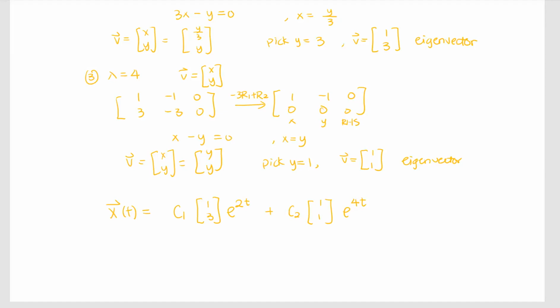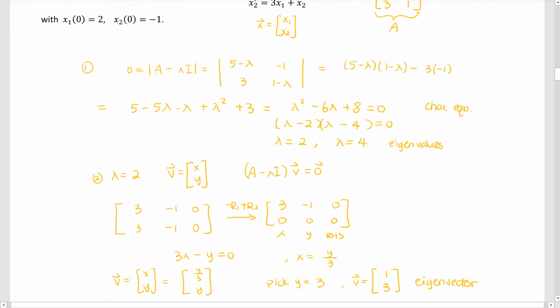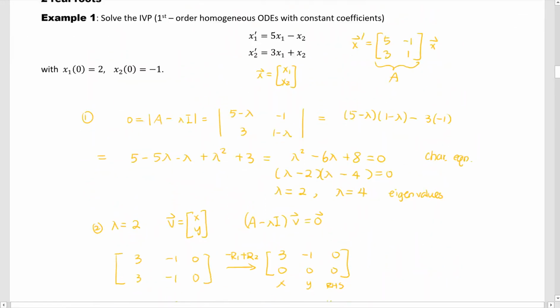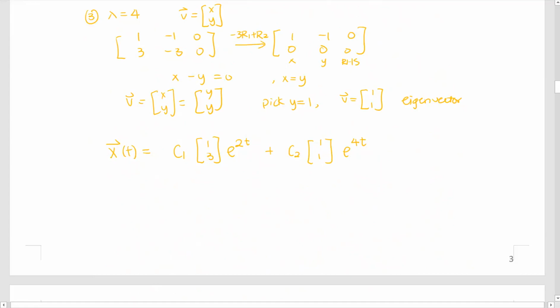Okay, so this is the solution, and then how do we find the c1 and c2? Well, we have the initial condition, right? Our initial condition is (2, -1). So x of 0 is (2, -1). Okay, so let's plug it in.